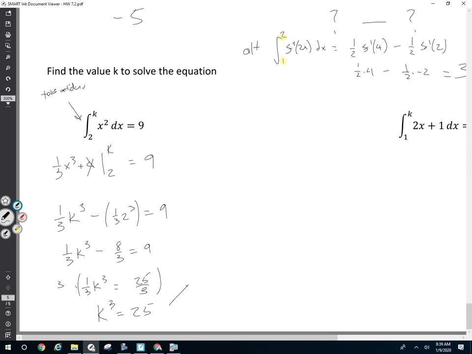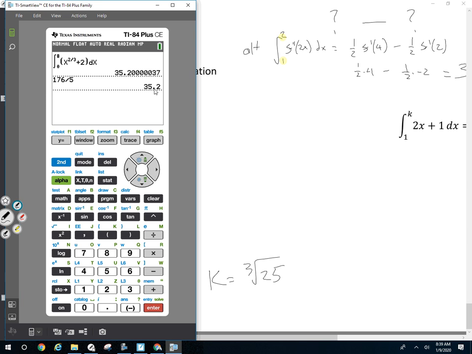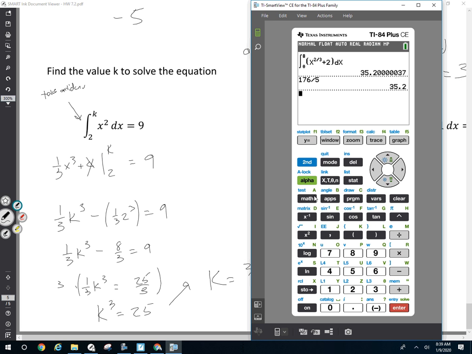I then take the cubed root. There's no cubed root of 25, but I get the cubed root of 25 as my answer. Watch how, and we'll talk about this more, how we can use our calculator, and we will be using our calculator more. Integral from 2 to the cubed root of 25 of x squared.